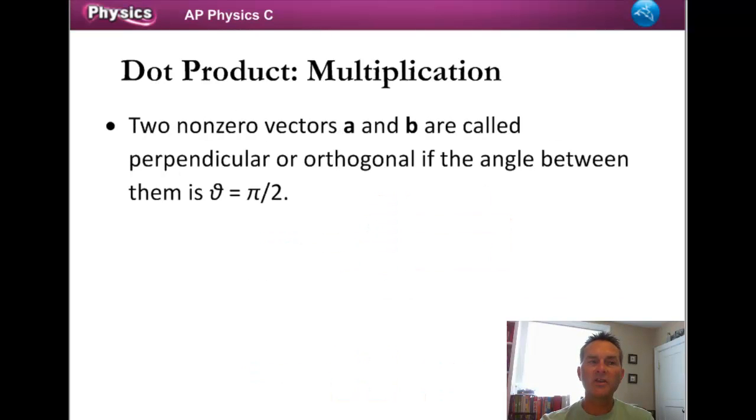Okay, things to note. Two non-zero vectors, A and B, are called perpendicular or orthogonal if the angle between them is pi over 2, which makes that 90 degrees. We know that because the cosine of pi over 2 gives me the value of 0.